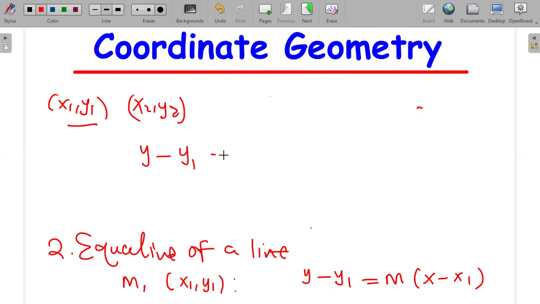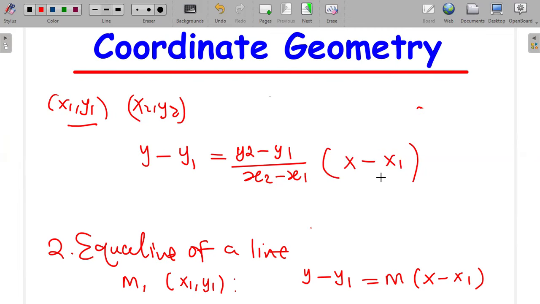So y minus y1 is equal to, and then here I'm supposed to put the gradient, but I don't have it. But since I have these 2 points, I can actually find the gradient. The gradient we said was y2 minus y1 divided by x2 minus x1. Then this will just multiply x minus x1. So this is how you'd find the equation of a line if you have been given 2 points.